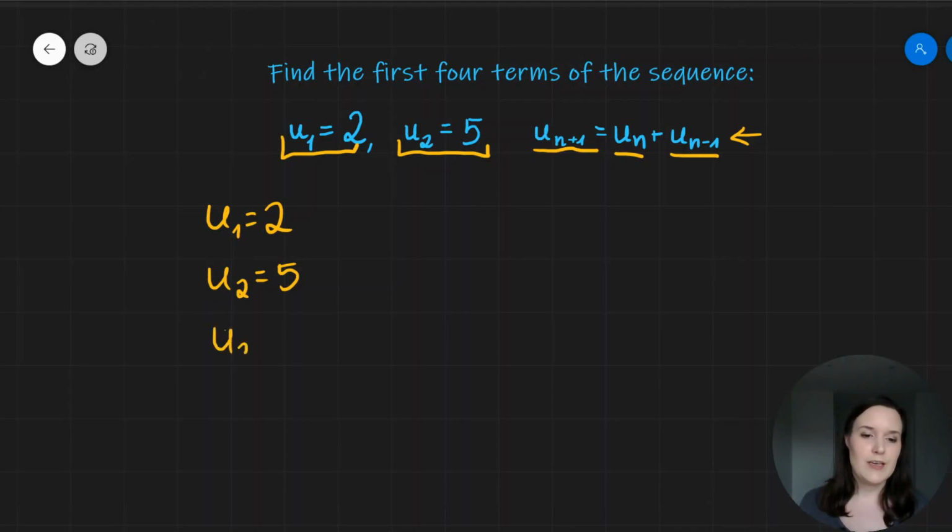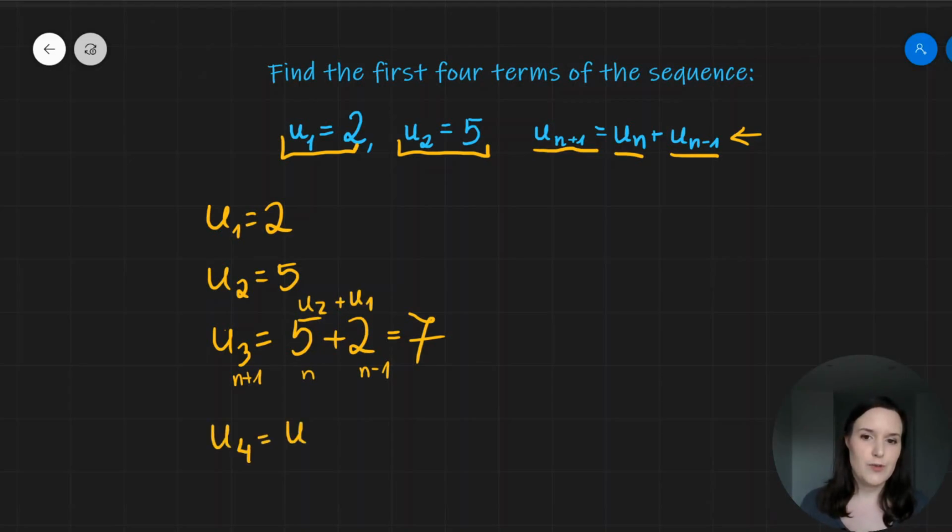So U3, following this formula, will be 5 plus 2, which is 7. This is U(n+1), so I take U(n) and U(n-1), which are U2 and U1. Let's try another one.